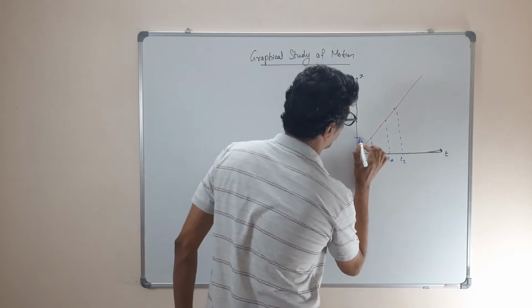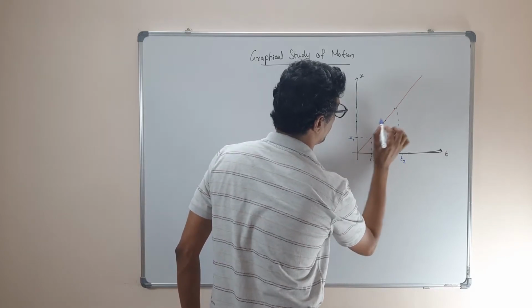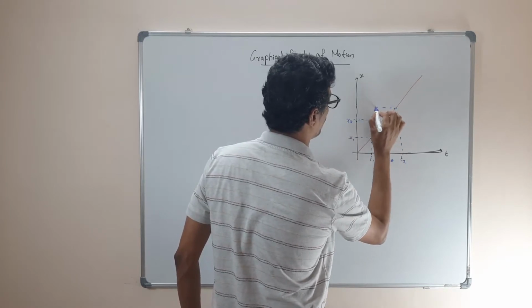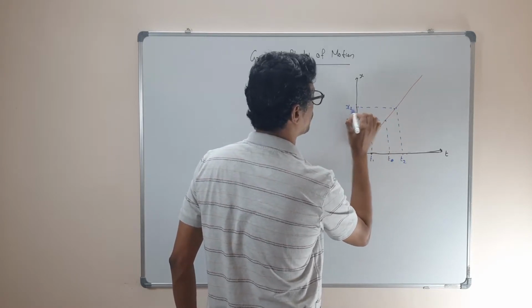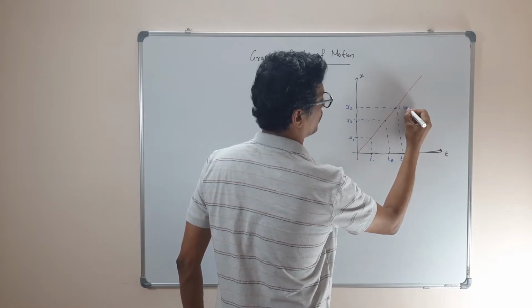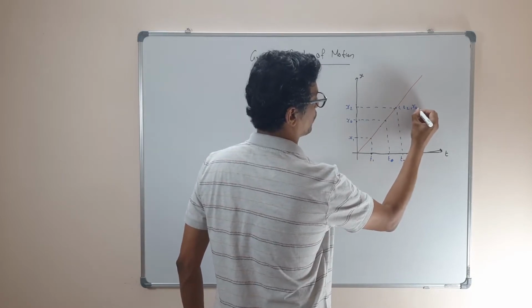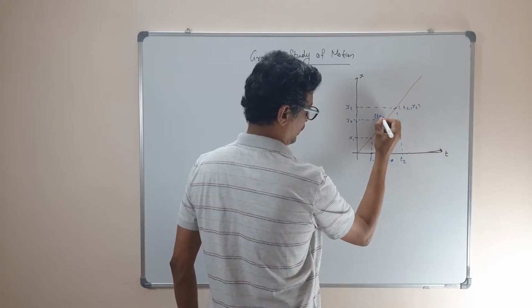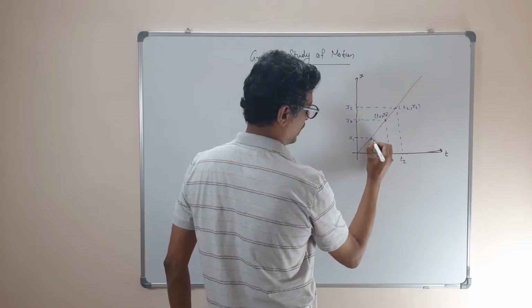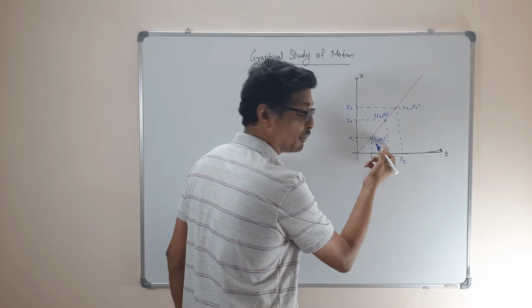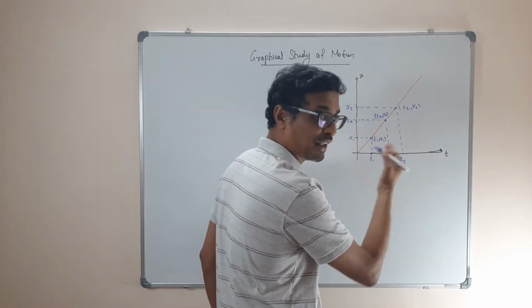At this place this will be x1, let me call this x0, and this will be x2. So this point will be T2 comma x2. This point will be T0 comma x0. And T1 comma x1. You shouldn't put x1 comma t1, remember, because we changed the axes.